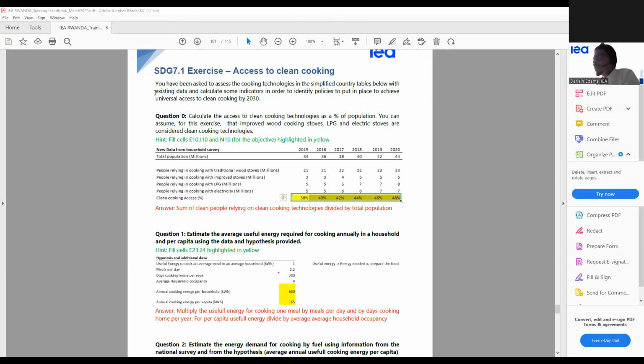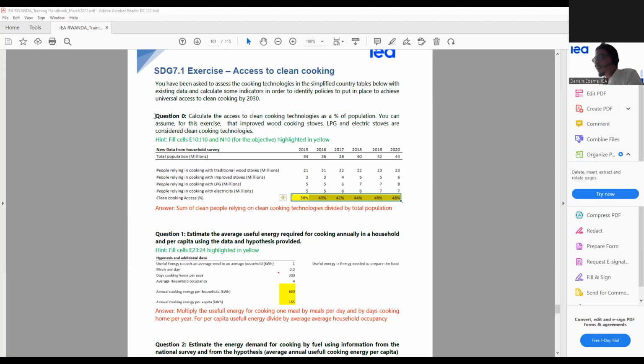So you have been asked to assess the cooking technologies in the simplified country tables below with existing data, and calculate some indicators in order to identify policies to put in place to achieve universal access to clean cooking by 2030.